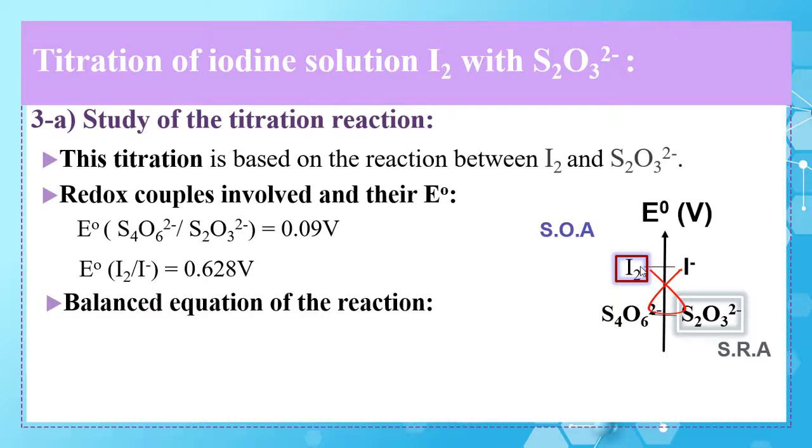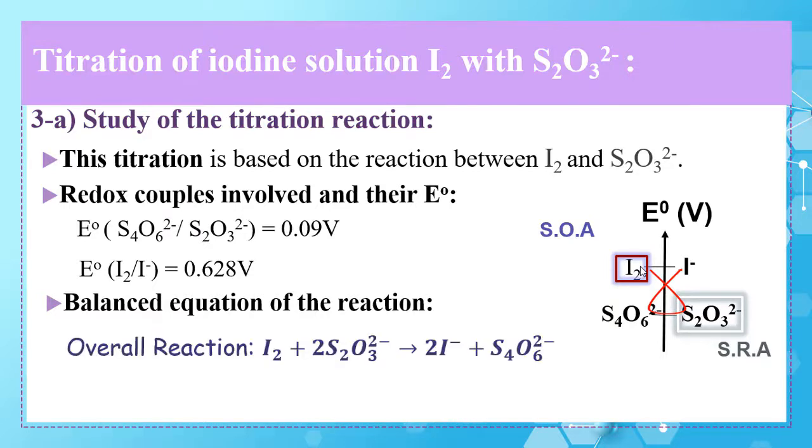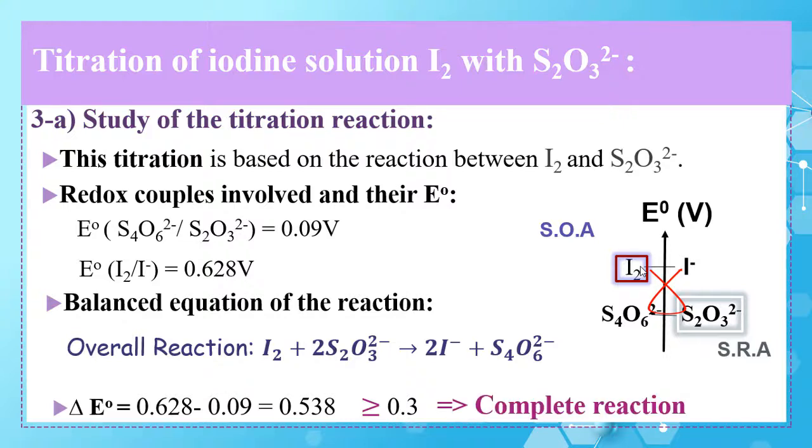So the balanced equation of the reaction is as follows. If we calculate delta E0, we obtain 0.538. Because this value is greater than 0.3, the reaction is a complete one and it can be used in titration.